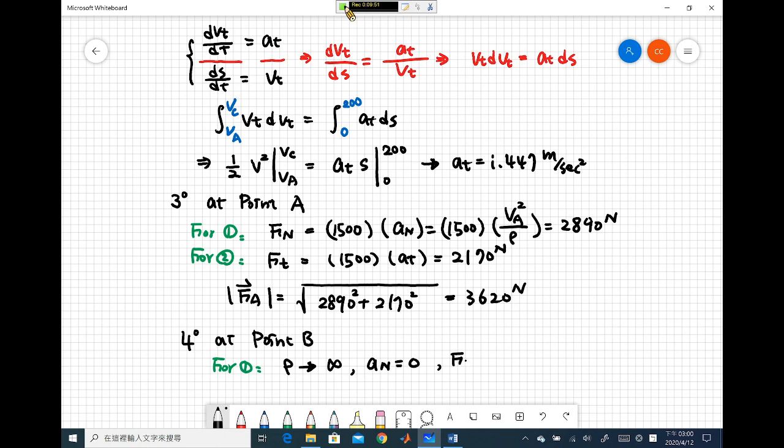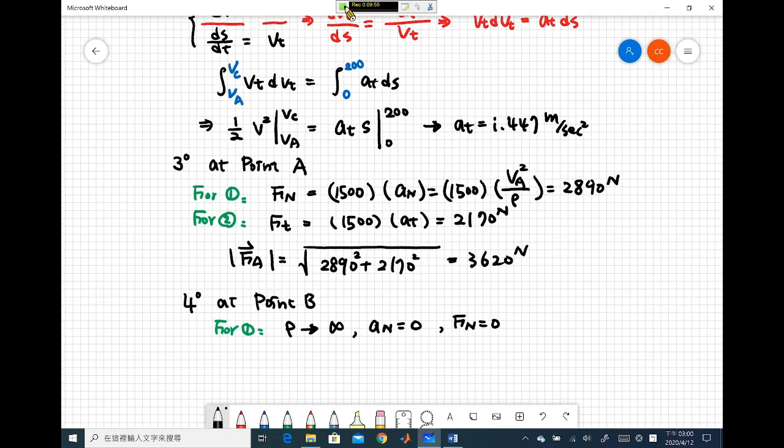That means your Fn is 0. For the second equation, along the tangent direction, your Ft is still the same. 1500 times your At will be still 2170 Newton. So your FB is still the same as the Ft.